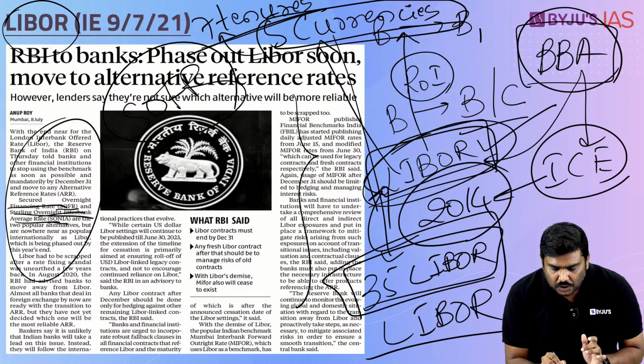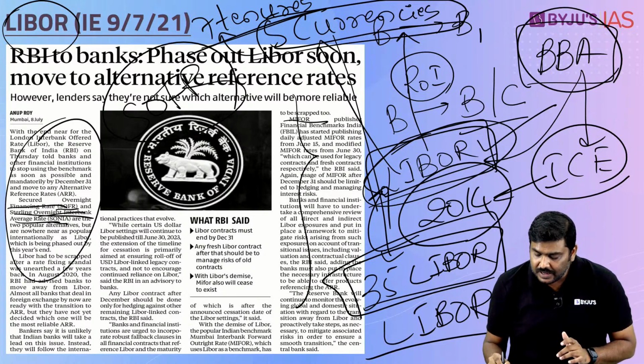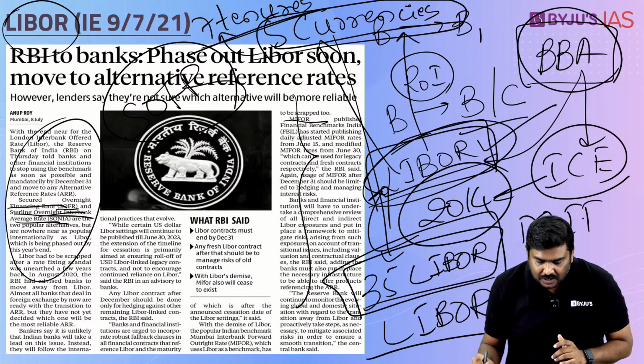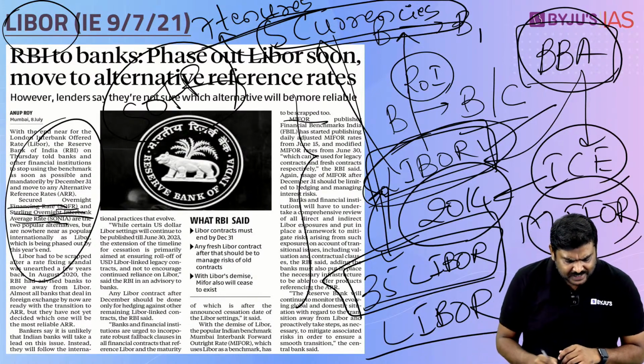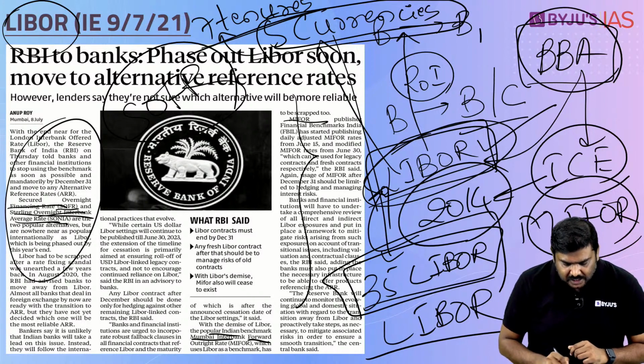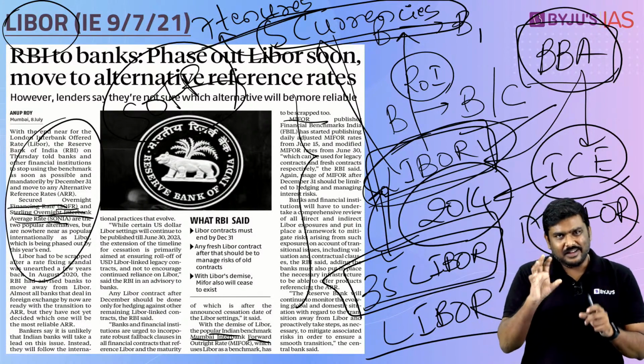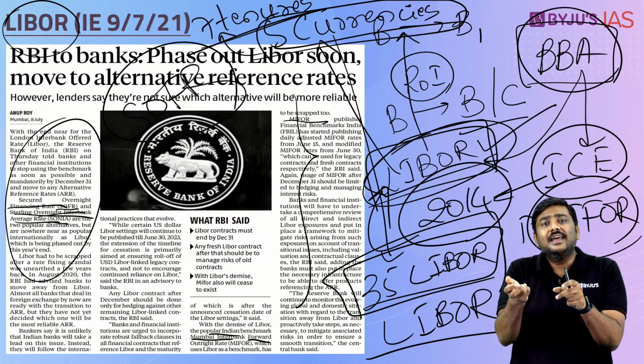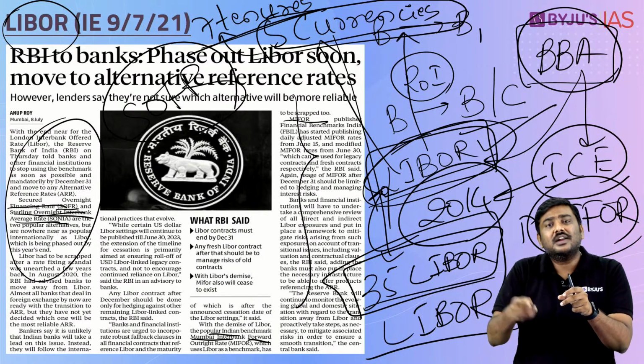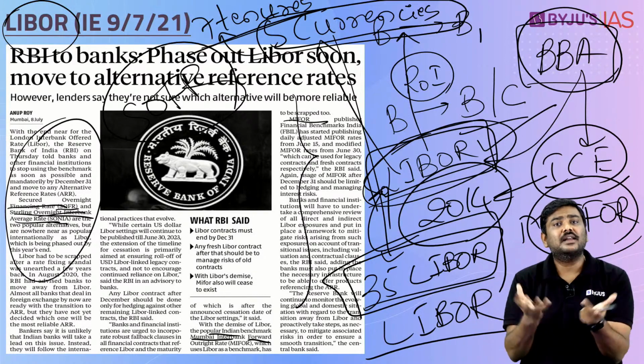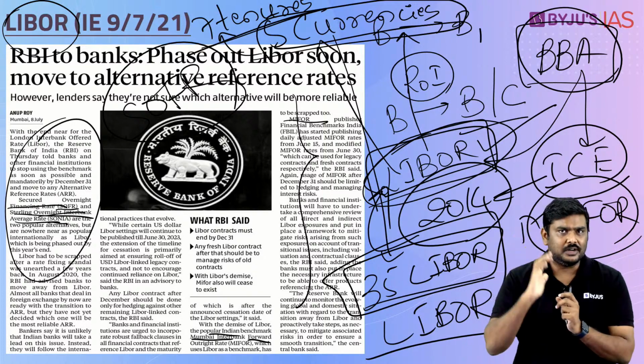For example, there is one rate which is mentioned here, MIFOR, which basically stands for Mumbai Interbank Forward Outright Rate, and this MIFOR considers LIBOR as one of the parameters before deciding what is a MIFOR.